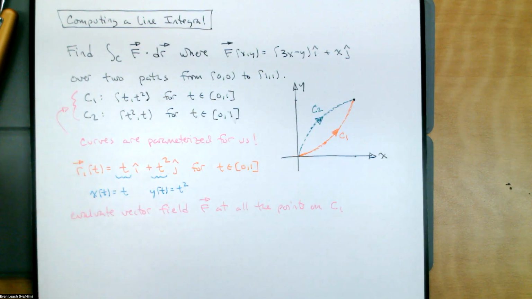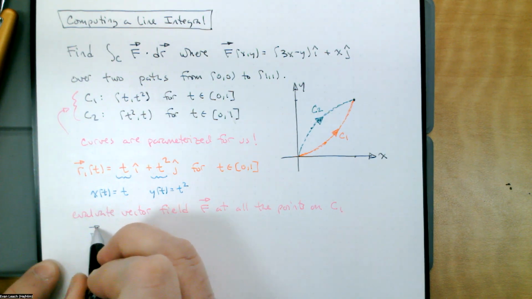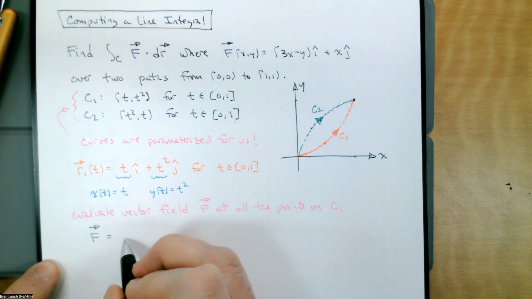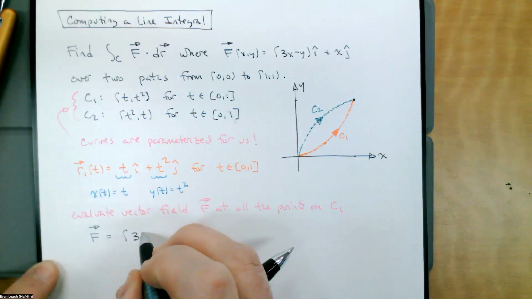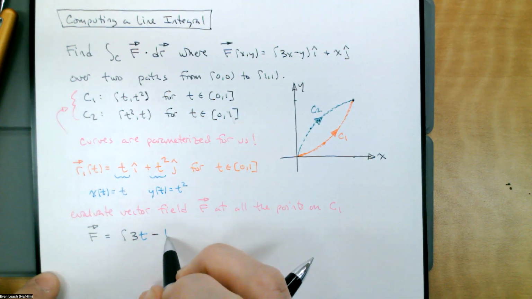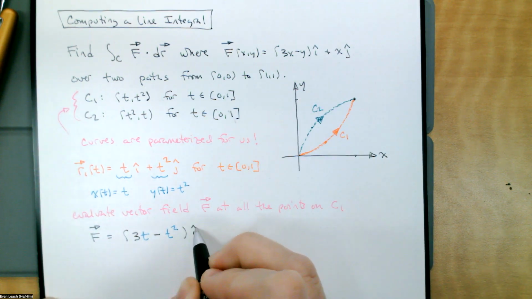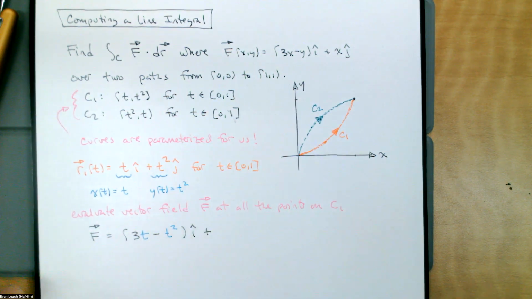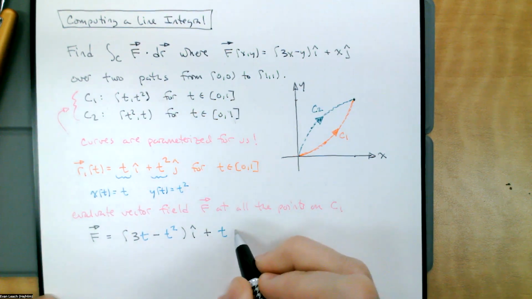So we're going to evaluate the vector field at all the points on the curve C1. So F will be 3 times x minus y, plus x times j.